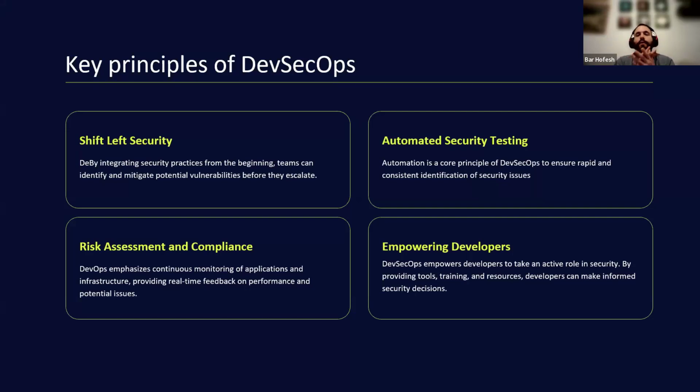And of course, empowering developers. Now, in the sense of empowering developers, we want to make sure that the developers can be self-sustaining in regards to security. You're a developer. You're writing your code. You know how to fix your own bugs. Why can't you fix the security bugs? In the end, security issues are just bugs. Maybe they have a different category, but they are bugs in the code.